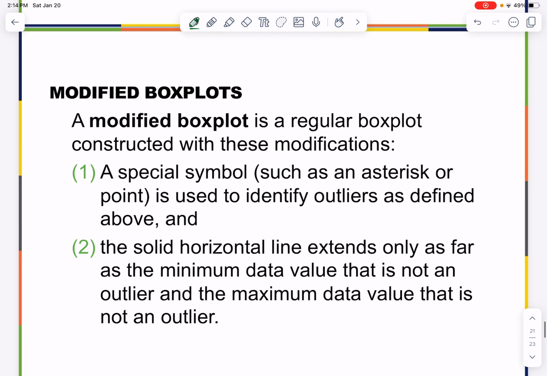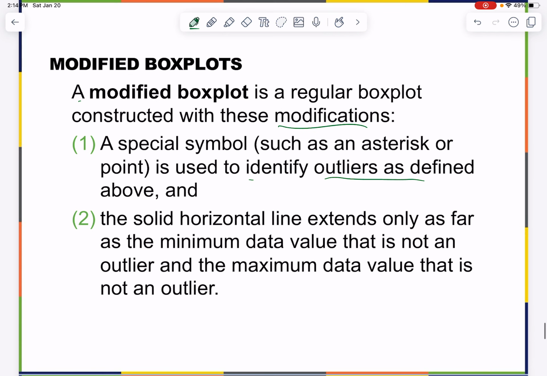To draw a modified box plot, it's a rectangular box plot just like before, except you have a modification. A special symbol, such as an asterisk or a point or a circle, is used to identify outliers as defined above. A solid horizontal line extends only as far as the minimum data value that is not an outlier and the maximum data value that is not an outlier.